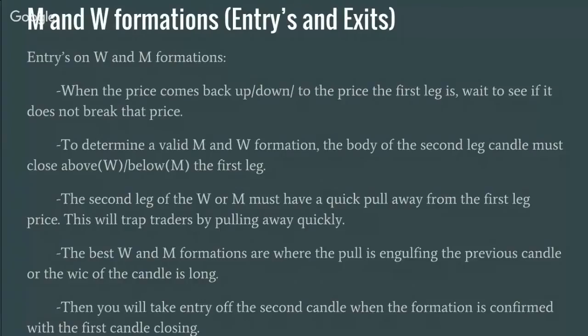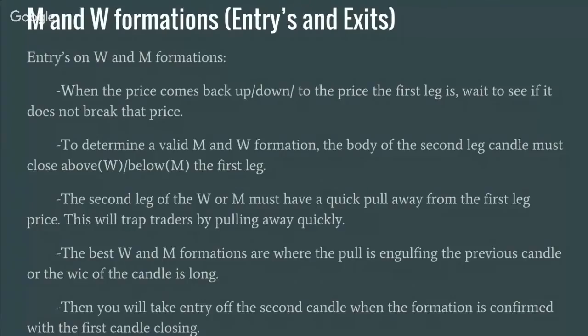Basically, the question is how close does the second leg have to be to the first leg? Can it be 5 pips away? Can it be 10 pips away? It can't be 10 pips away. It can't be 5 pips away. He asked if 1 pip qualifies. 1 pip, I believe, does qualify.